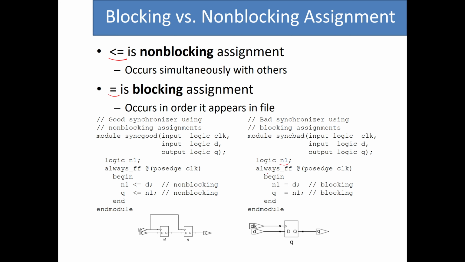And then we say always_ff. So we define a flip-flop, and at the positive edge of the clock, we execute these two lines. If you remember, for the design of the synchronizer, we basically had a flip-flop here and another flip-flop like this. They both were getting the same clock signal.